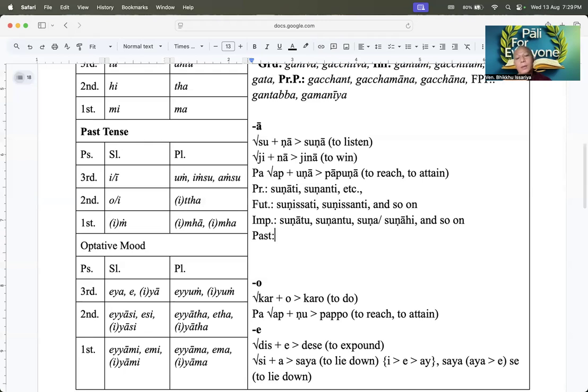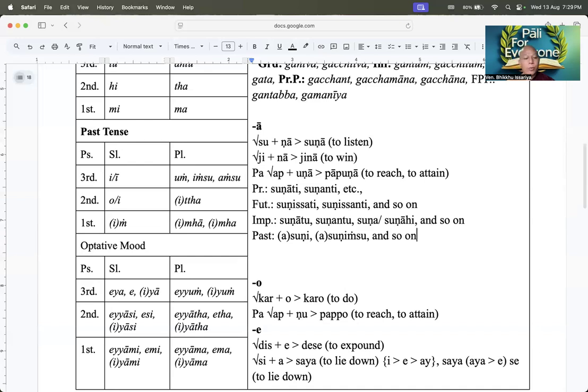The past tense is actually, instead of suni, asuni. We have already explained suni, asuni, and then sunen su, asunen su, from the root or from the base, the same.